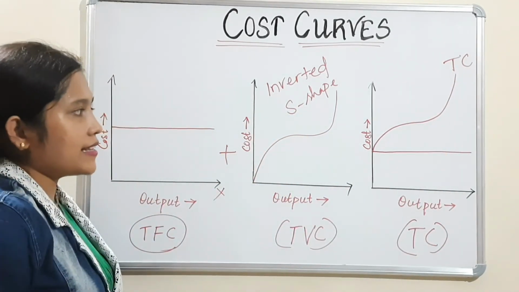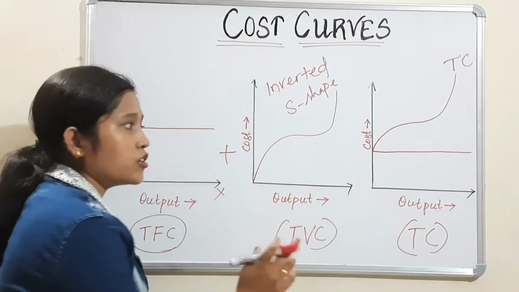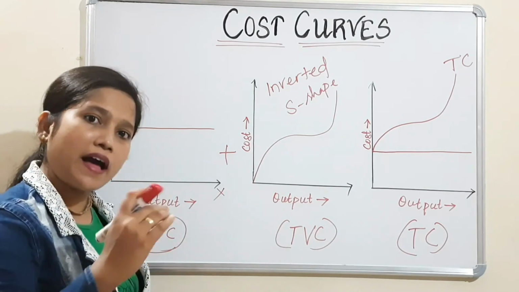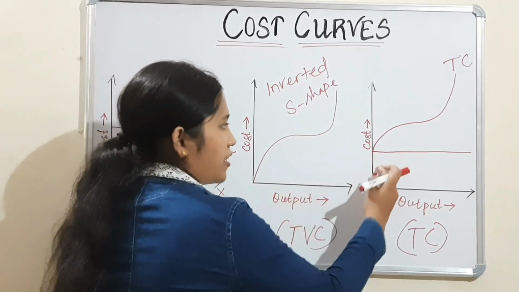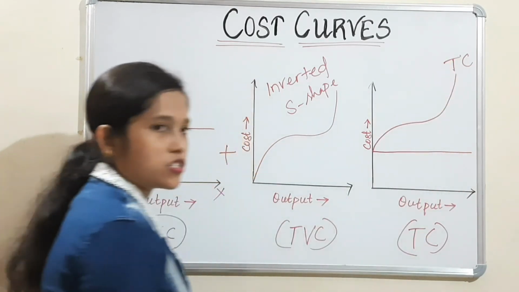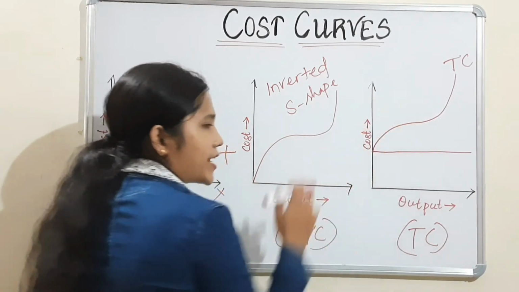Why have I drawn it like this? In total cost, whether you are doing any production or not, this intercept will be there, because total fixed cost you have to incur. After that, you are adding total variable cost. So this total is your total cost. What is the difference between this inverted S shape and that inverted S shape?